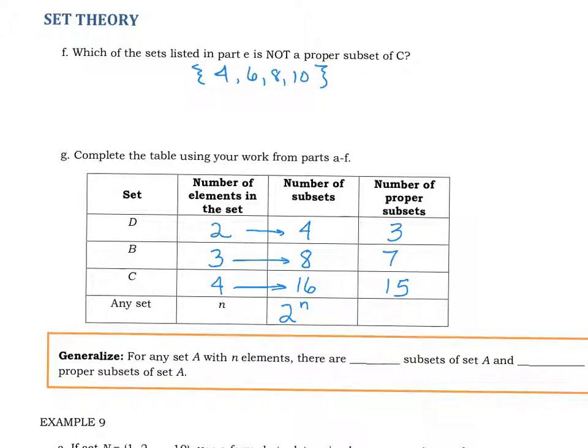And the number of proper subsets would be 2 to the n, and then of course we would take 1 away. So our generalization is for any set with n elements, there are 2 to the n subsets of set A and 2 to the n minus 1 proper subsets of set A. So it makes sense that there'd be one less because you can't have the set itself be a proper subset.